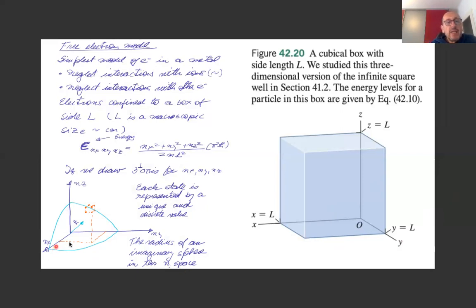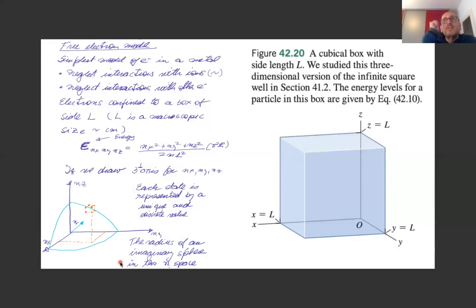So these are my energy states, and each point, n_x, n_y, and n_z, I forgot to draw the n_z axis here, means one state, okay? So the volume of each one of these states in this n_x, n_y, n_z space is 1, okay?